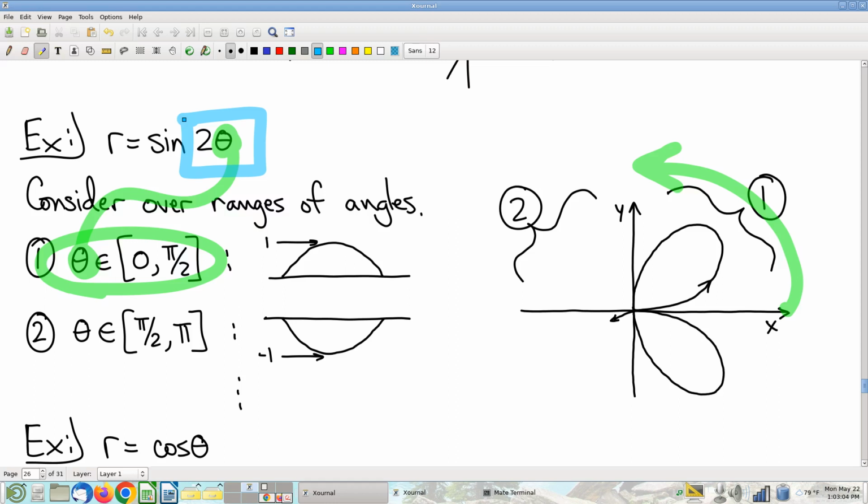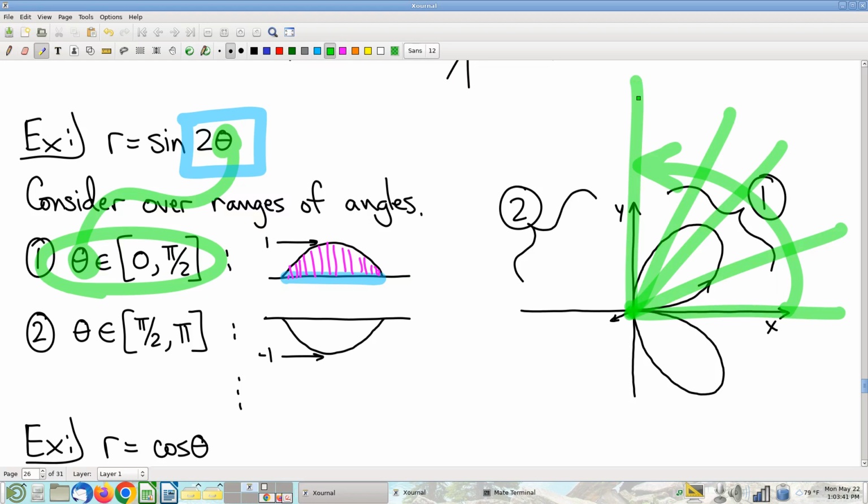The argument that goes into the sine function, 2 theta, goes from 0 to pi. And as 2 theta goes from 0 to pi, we know what sine does. The values of sine start at 0, make their way all the way up to 1, and then come all the way back down to 0. So now we've actually got something we can plot. I can think about all these different values of theta from 0 to pi over 2.